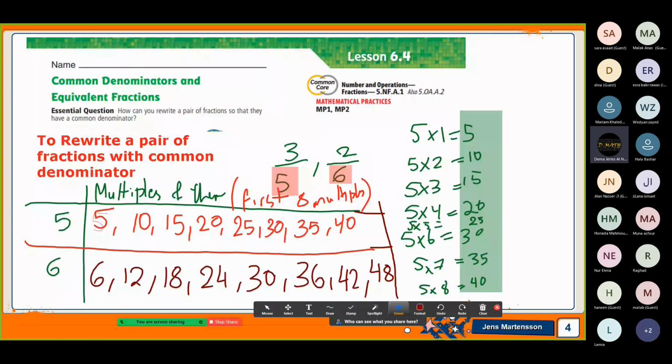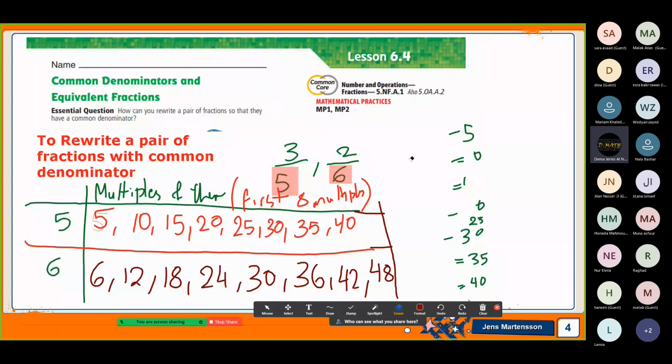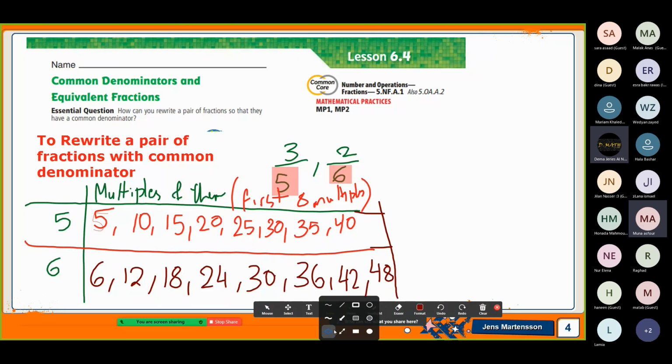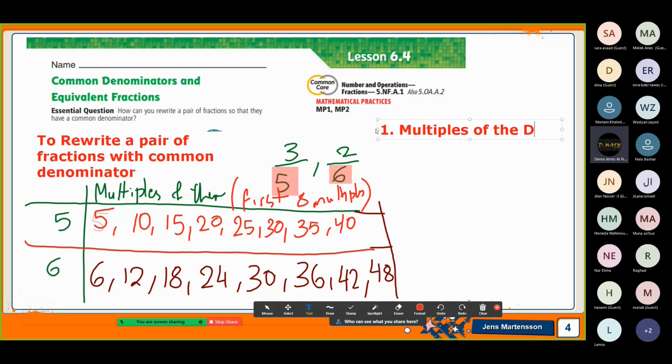6, or we can say the multiples of the denominator. Now then, I will search where are the common multiple. So the first step, I will write the multiples of the denominator. The second step, I will find the common multiple.